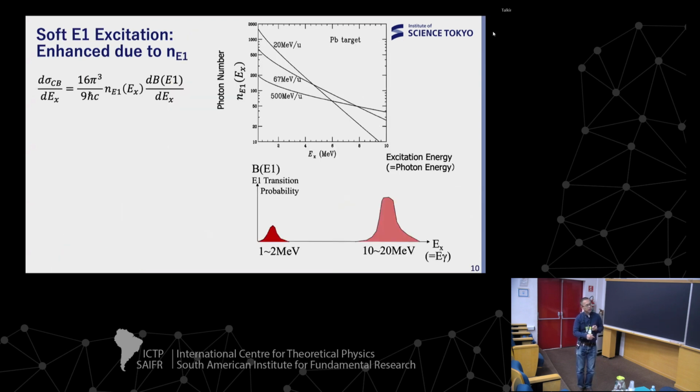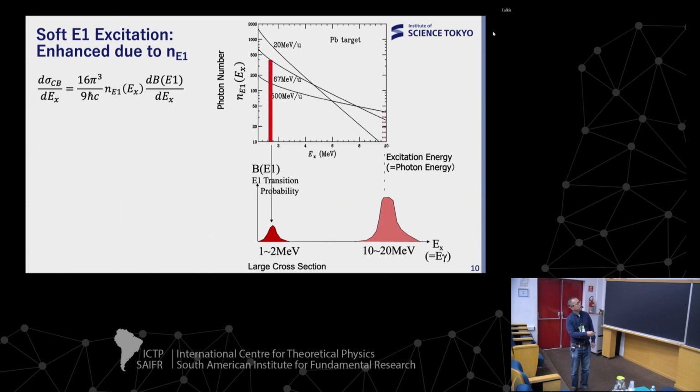Yes, maybe I can explain this a bit more. So I now have not only different energies, 20, 67, and 500 MeV per u, as a function of excitation energy. Excitation energy is nothing but the photon energy, okay? And this is a kind of schematic E1 strength distribution, soft E1 excitation and giant dipole resonance.